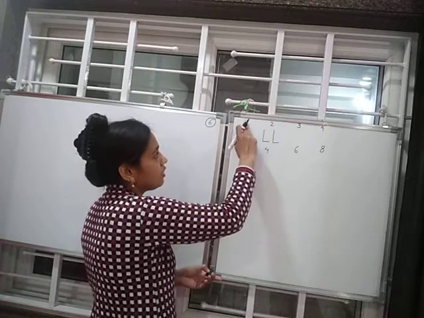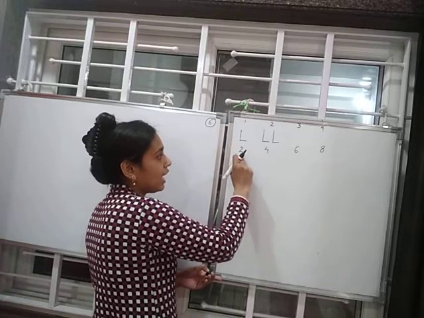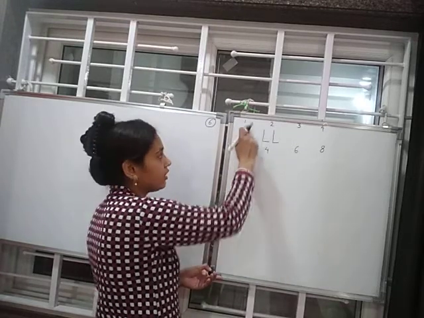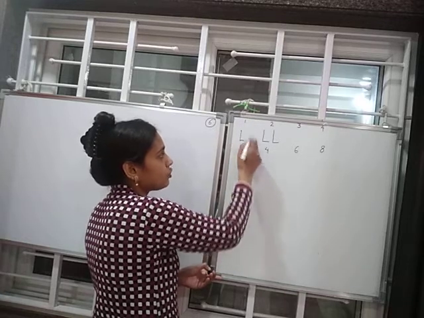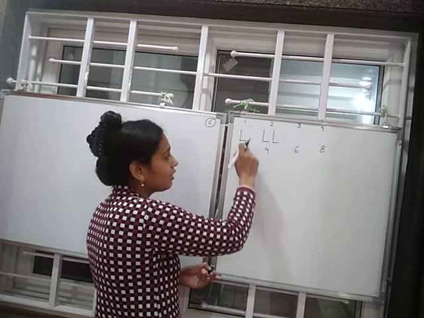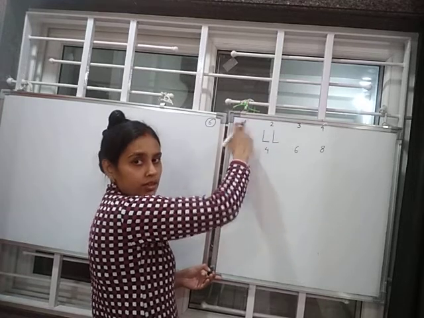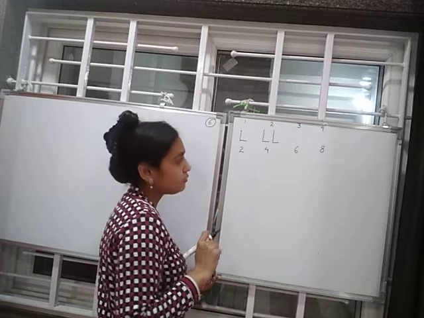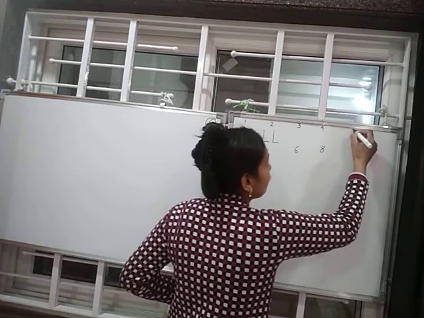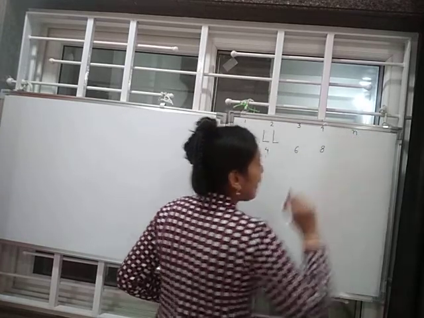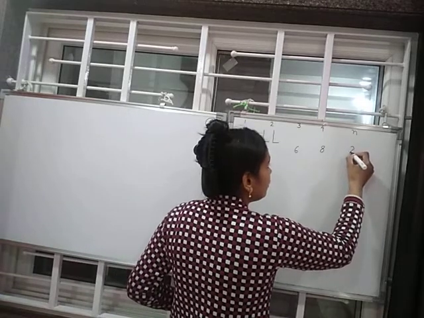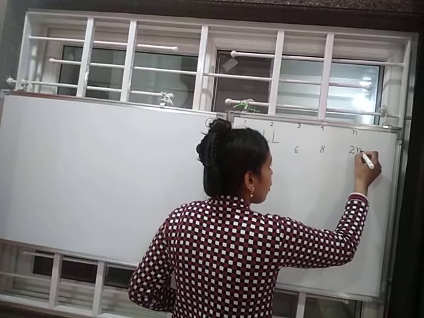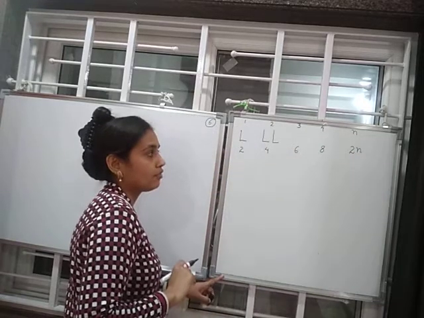That means the patterns and the number of matchsticks had a relationship where the number of matchsticks used for a particular pattern were twice the number of the pattern. That means if n patterns we needed, then they were twice the number of patterns.